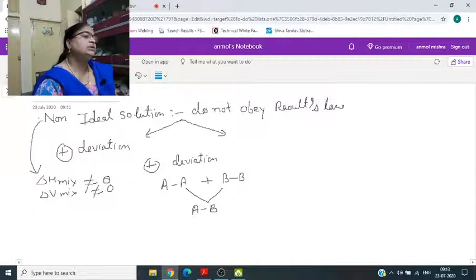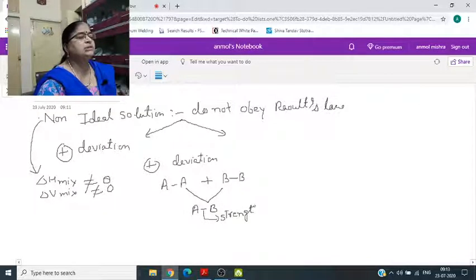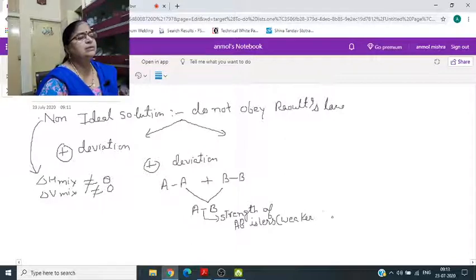So the strength of AB is less, that is weaker than AA and BB.